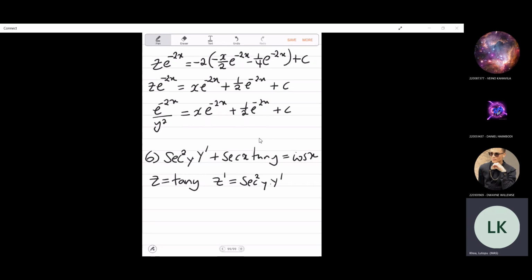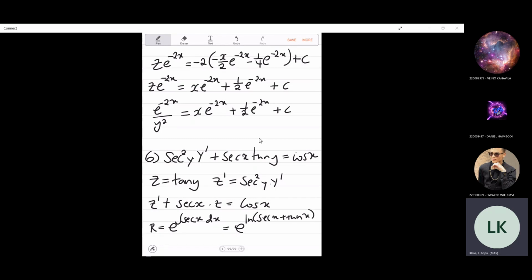And then we substitute. So we have z prime plus sec x times z. This is equal to cos x. Okay, so it's in linear form. We just need our r, e to the power of the integral of sec x dx, which is e to the power of ln of sec x plus tan x.